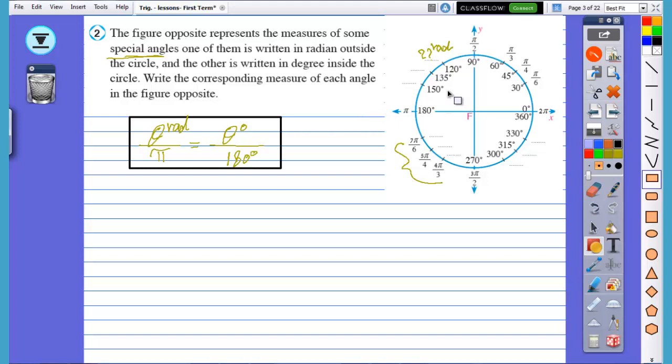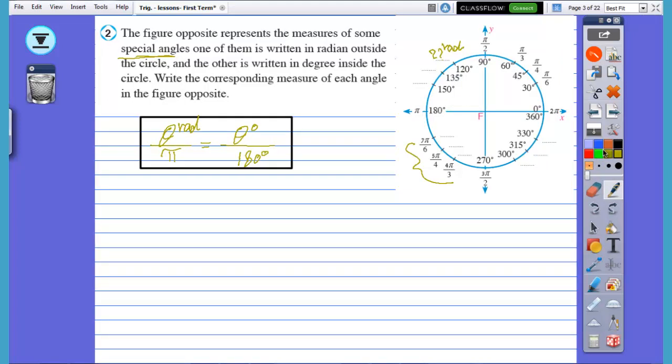The given is the measure of the angle in degrees and the required is in radian. We just substitute. Here we write theta radian over pi equals theta degrees, 120 over 180.